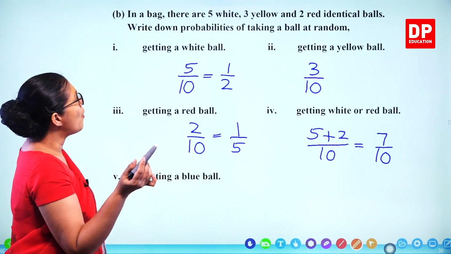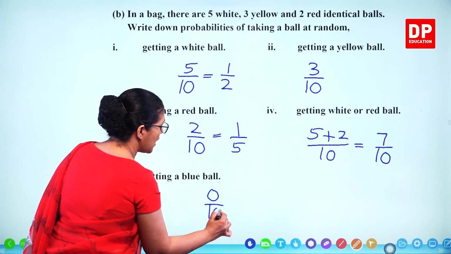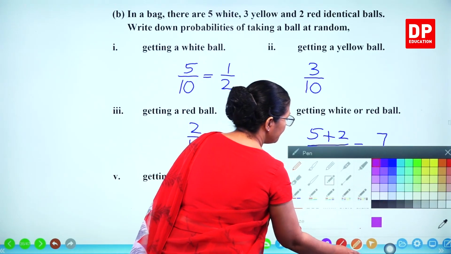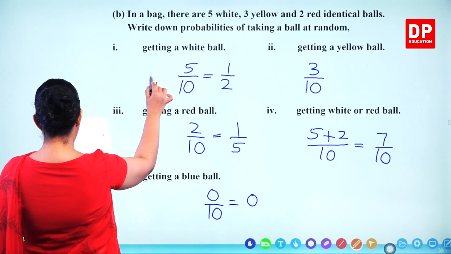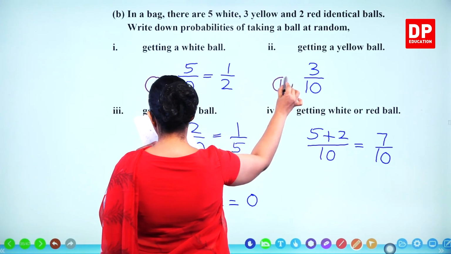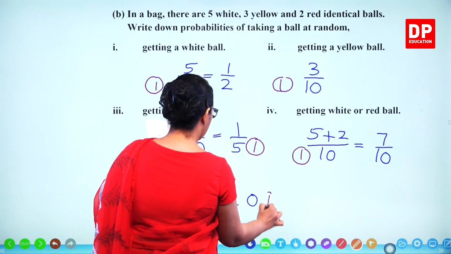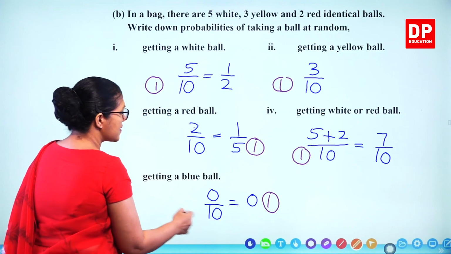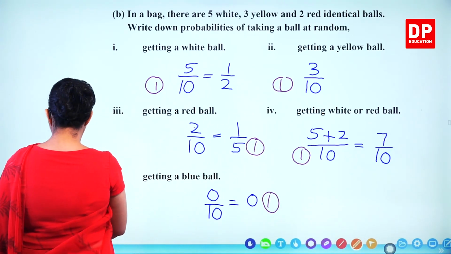Then getting a blue ball. No blue balls, 0 out of 10, or you can write 0. So, marks given 1 each. So, 5 marks. So, 5 and 6 before altogether 11 marks.